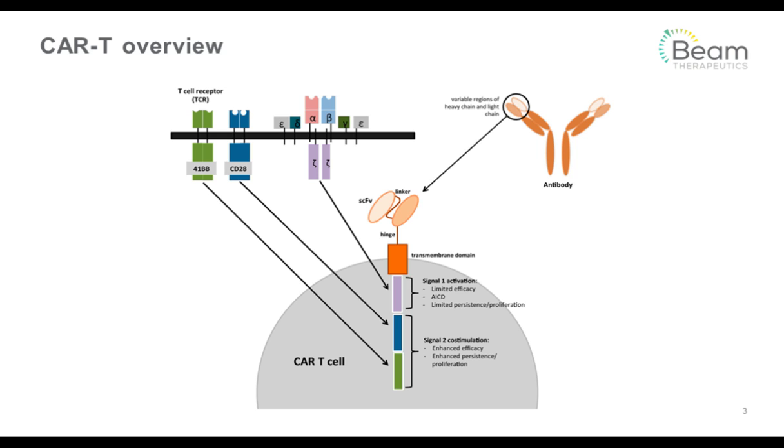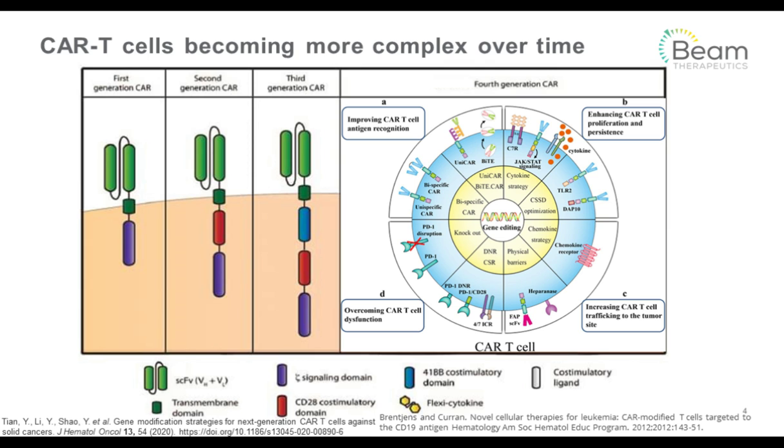CAR-T, for those that aren't familiar, stands for chimeric antigen receptor T cells, which are a chimera of T cell receptors, which you can see in the figure, and the scFv region from an antibody that can be engineered into a T cell with specificity towards a cancer antigen or other antigen, depending on the area of interest that you're focused on.